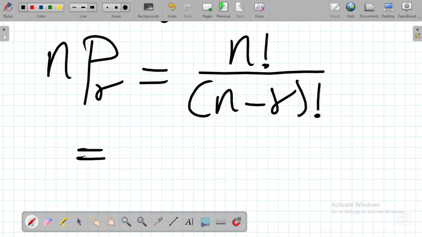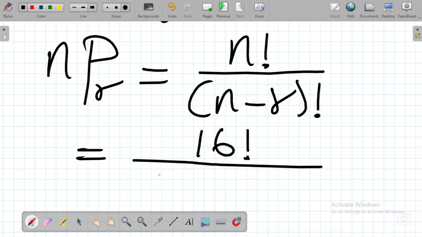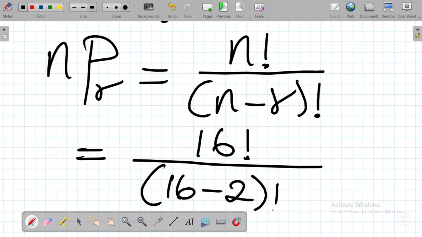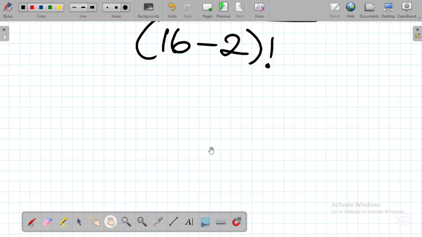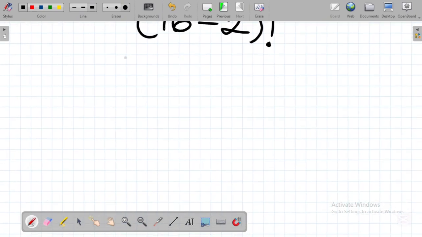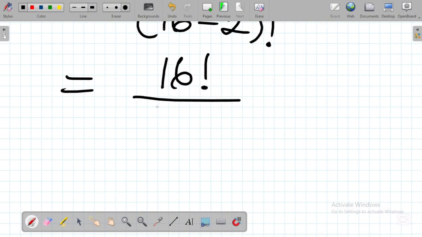So if we substitute into this equation, we would have 16 factorial all over 16 minus 2 and then factorial. So we have 16 factorial all over 16 minus 2 is 14 and then factorial.